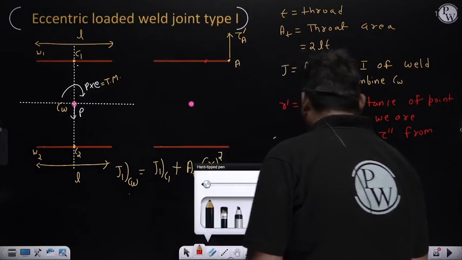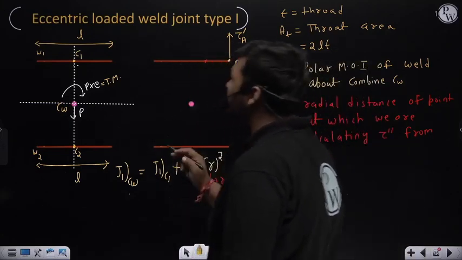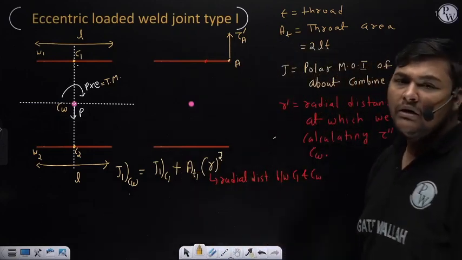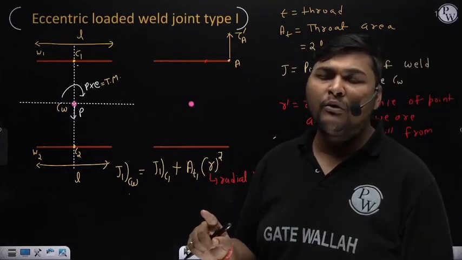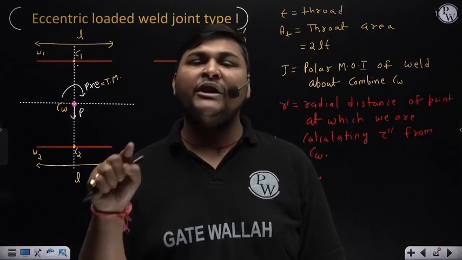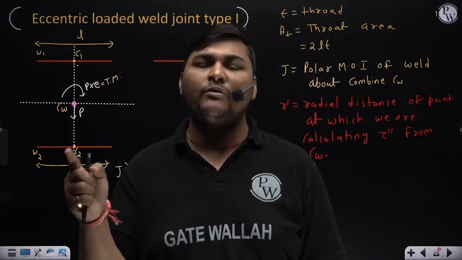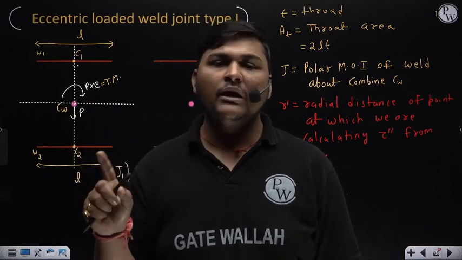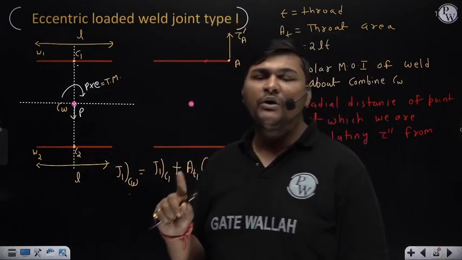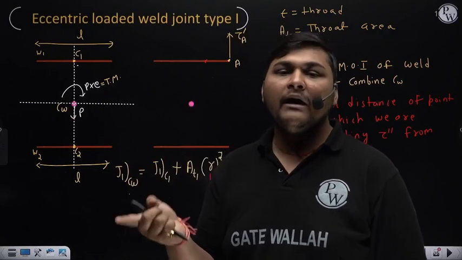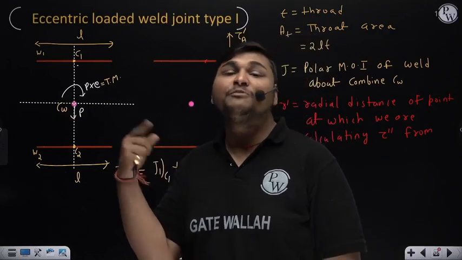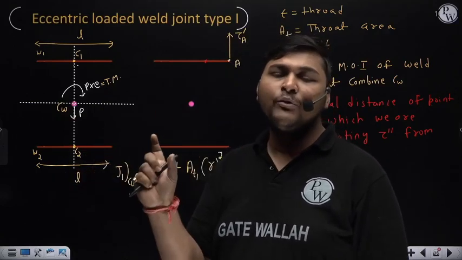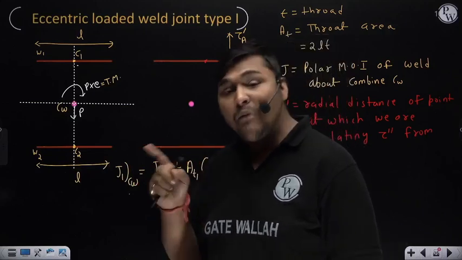Okay, in this case, how to calculate the polar moment of inertia of weld 1 about the centroid of weld 1? For any rectangle, the formula to calculate the polar moment of inertia is I about the centroidal x-axis plus I about the centroidal y-axis. If you add both of these, we get the polar moment of inertia about the centroid. I about the centroidal x-axis for a rectangle is bh³ by 12, and I about the centroidal y-axis is hb³ by 12. If we add both, we get the total polar moment of inertia about the centroid.